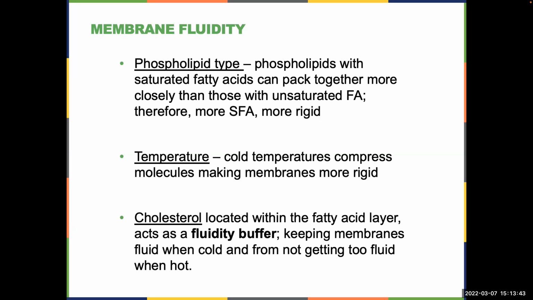The phospholipid type refers to the type of fatty acid. If you have all saturated fatty acids, they're going to pack together very closely, very tightly, and it's going to be more rigid. If you have unsaturated fatty acids, they will have kinks and bends, and they will take up more space, so they would be less close, spread apart, and that's going to make it more fluid.